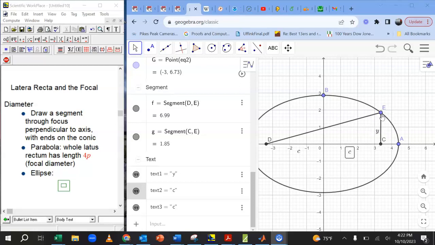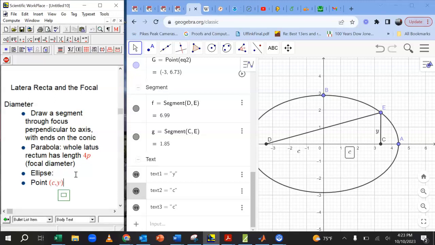And that's just exactly what is the y coordinate of a point that is right above the focus. If you go in the perpendicular direction, the minor axis direction, if you will, from the focus and hit the ellipse, that's just the y coordinate of that point, so I'm going to call it y. Okay, so we're looking at the point with coordinates (c, y).